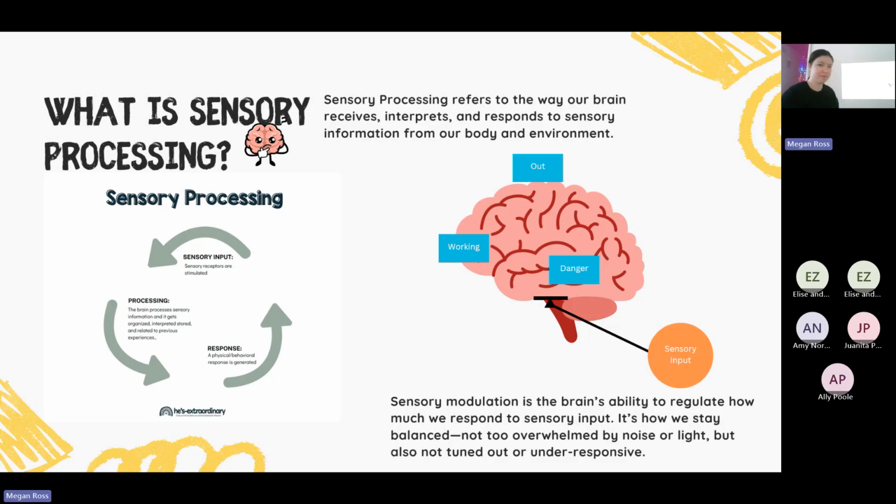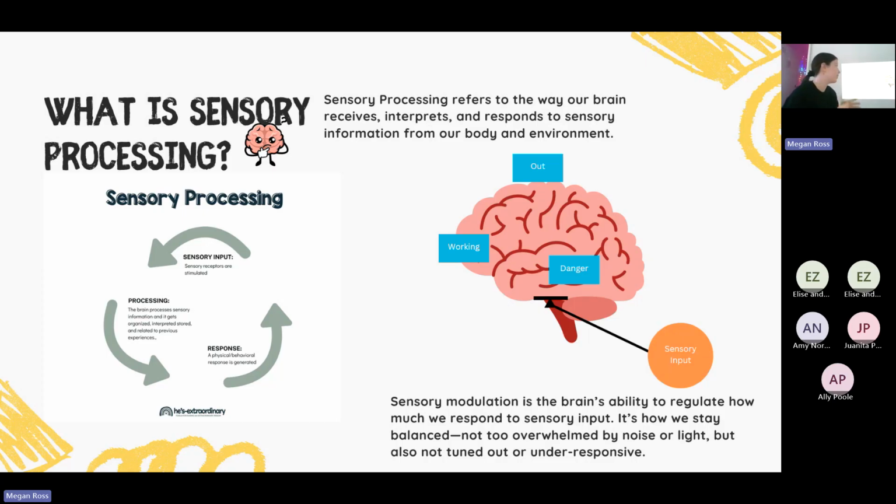So if we go back to the picture of the brain, sometimes what can happen is, depending on our sensory profile or our experiences, things might get sent to places in the brain where we may not think they typically should go.